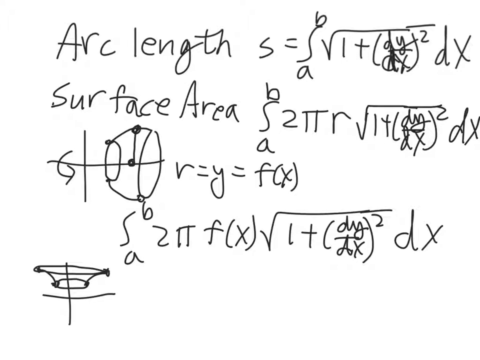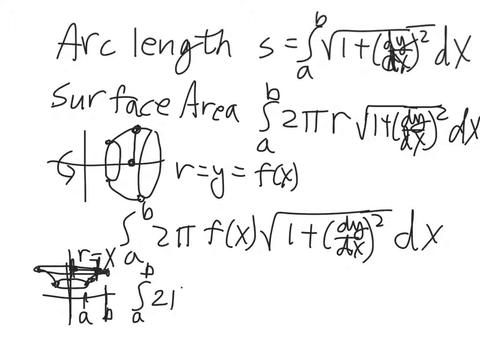Now, the radius this time, whatever slice you take, the radius will equal the x value. Now, the nice thing about this one, we can still look at arc length from x equals a to x equals b. We can keep this in terms of x. We don't have to turn it into terms of dy. So we're still integrating from a to b.